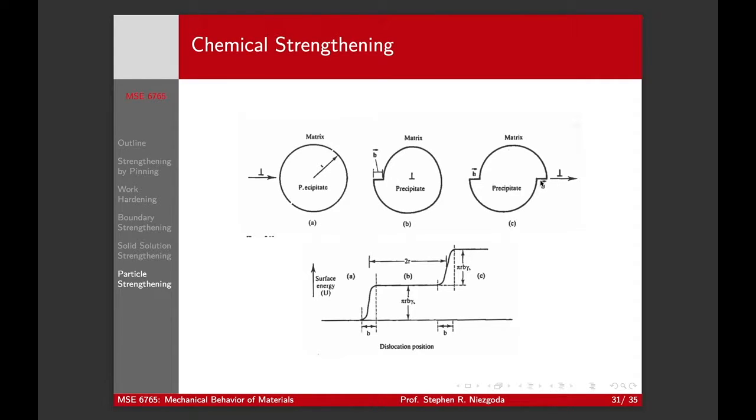This is new surface area being created. So there's surface energy associated with this surface, and it takes additional force. Your dislocation has to provide energy in the form of mechanical force to create this surface.